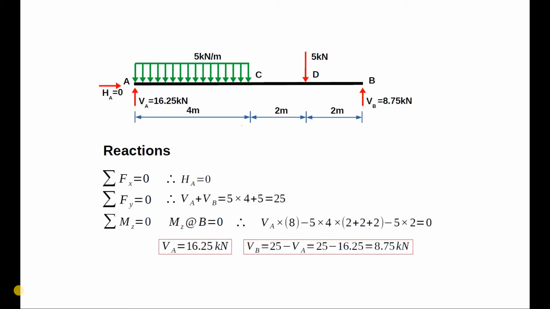In order for this beam to be in equilibrium, the actions, that is the external forces, and reactions must nullify one another. This means that the sum of forces, both actions and reactions at a point, which means locally or globally, must be zero.